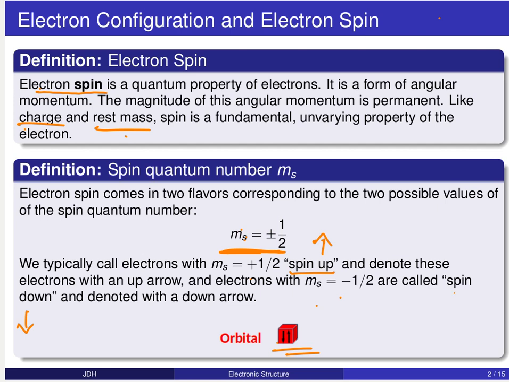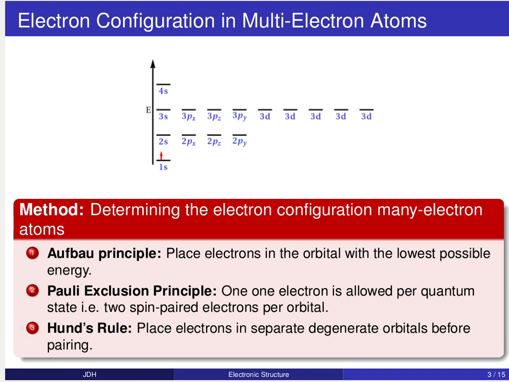If you have a minus 1/2, we're going to call it a spin down, and we're going to represent those electrons with each of those respective spins by an up arrow and a down arrow, respectively. Okay, so if you accept that definition and existence of spin, then we're now in a position to go ahead and start answering the key question, our key objective for this section, namely, what orbitals are going to be filled or occupied by electrons for a given atom?